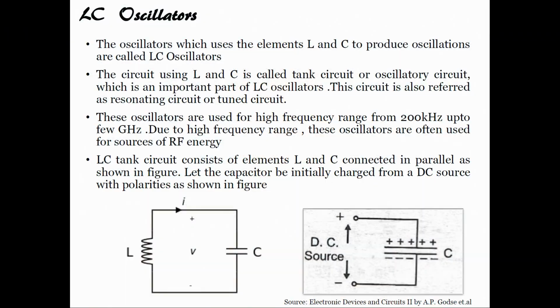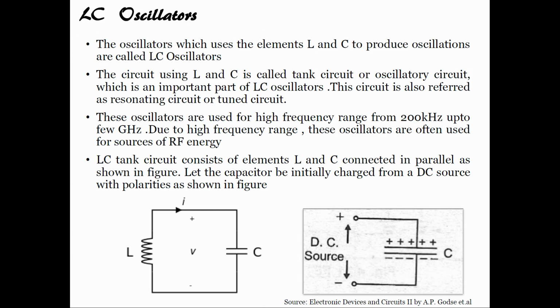If you see on the screen, the oscillators which use the elements L and C to produce oscillations are called LC oscillators. The circuit that uses L and C is called a tank circuit or oscillator circuit, which is an important part of an LC oscillator. The circuit is also referred to as a resonating or tuned circuit. You can see on the left side the inductor and capacitor.